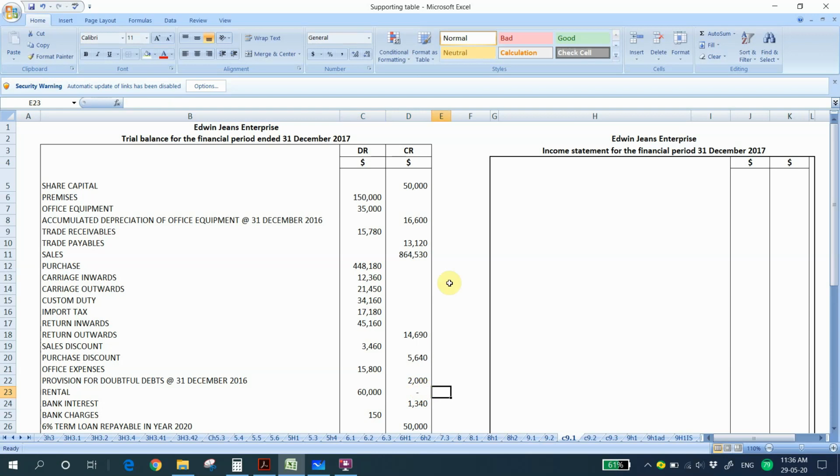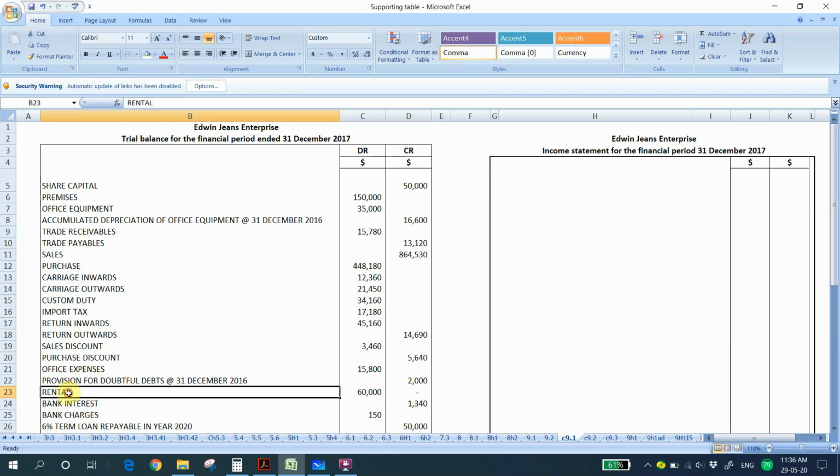It means that by netting off your debit and credit, the net amount on the debit side will be 60,000. I repeat, one account only has one total amount. This total amount must be either in debit or credit. We cannot have one account with two balances.